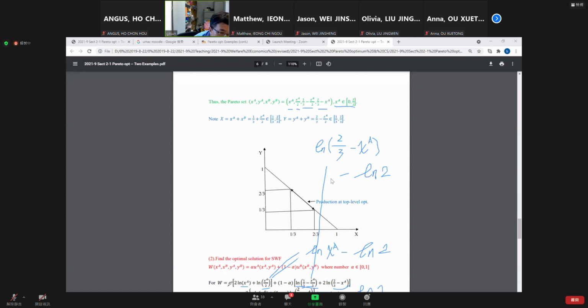Because here is alpha times log 2 minus alpha times log 2. Here is minus 1 minus alpha and then multiply by log 2. So therefore, but this doesn't matter, you can just ignore it.